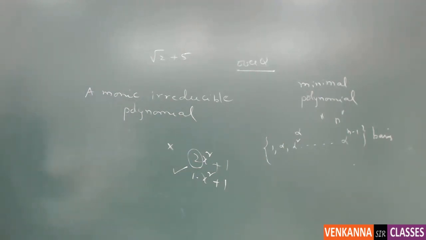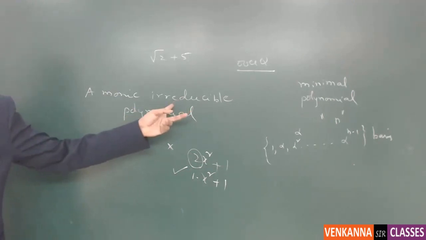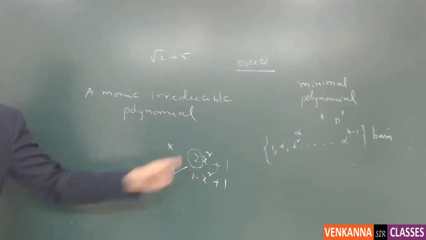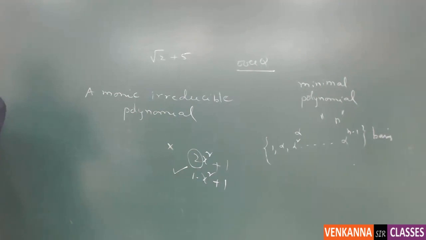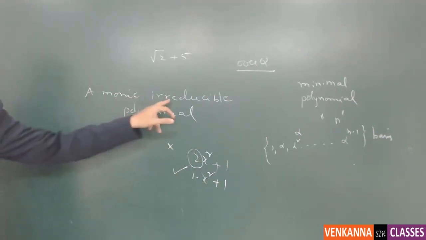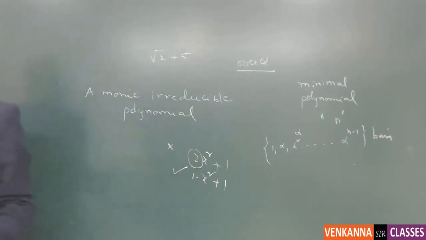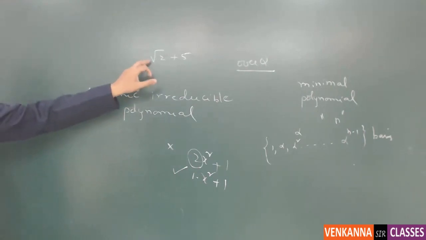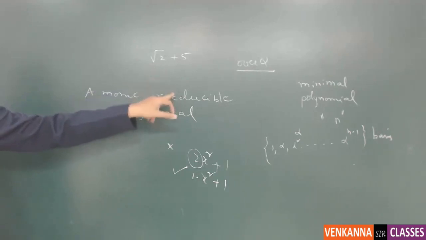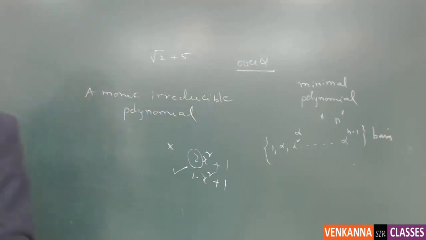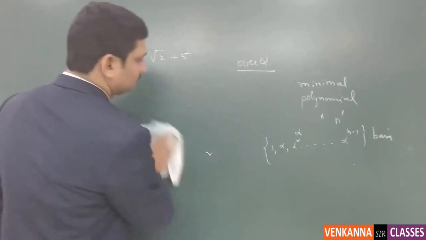So we have to take an irreducible polynomial in which the leading coefficient must be 1. That polynomial is called monic, and a monic irreducible polynomial is called the minimal polynomial. So coming to the question part, if I have taken root 2 plus 5, what is the minimal polynomial for this value? It is a simple math calculation. Let us do that.